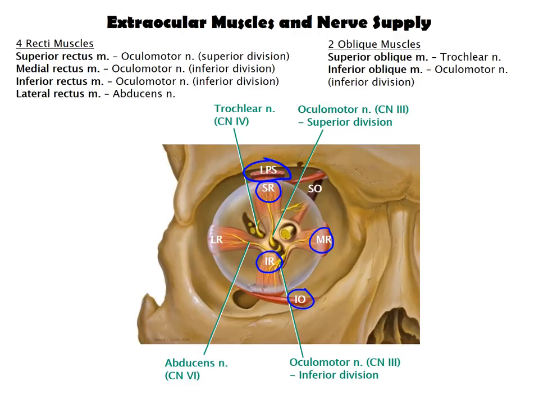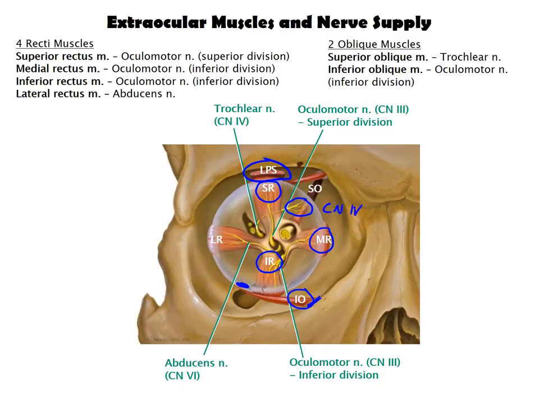Unlike the superior, medial, and inferior rectus muscles, which originate from the common tendinous ring, the inferior oblique muscle extends from the lacrimal groove to insert onto the sclera of the eye, just lateral to the insertion of the inferior rectus muscle. Cranial nerve number 4, the trochlear nerve, is responsible for innervating the superior oblique muscle.